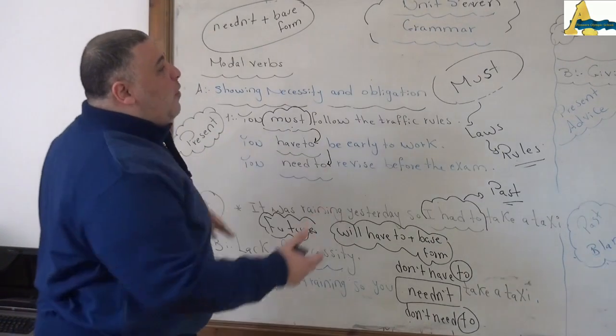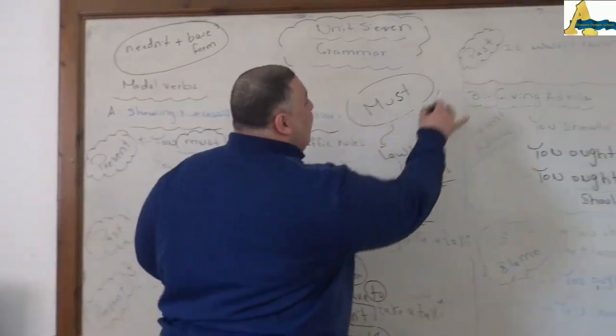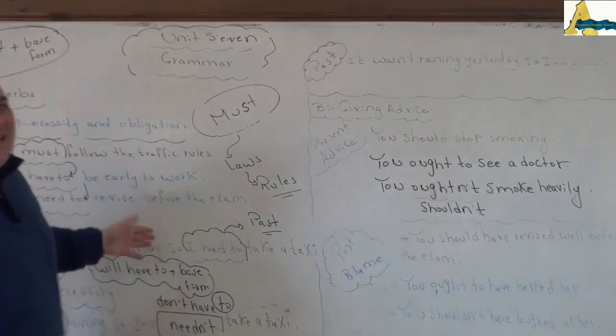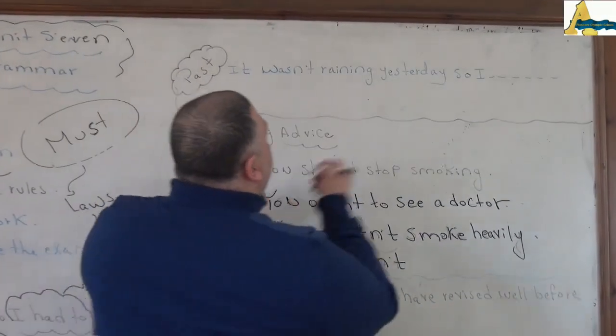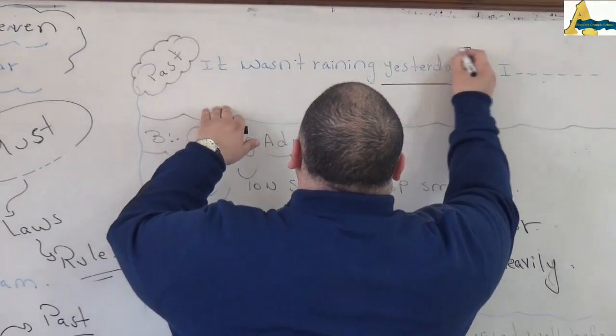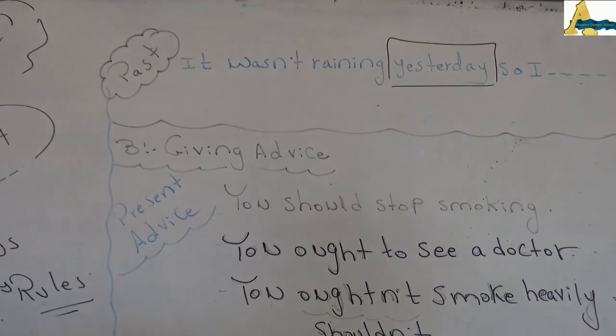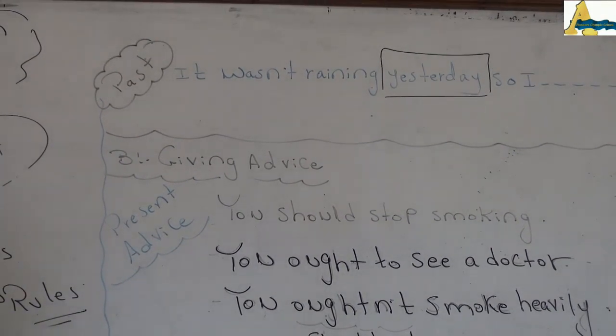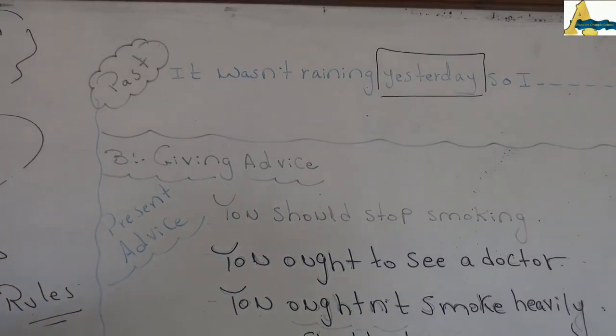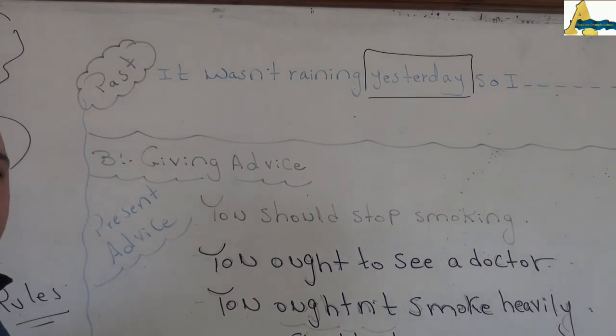When we change into the other parts here, we find that we're still in the lack of necessity. It's not necessary yet. But up till now, it was not raining. It was not raining when? Yesterday. So it was very clear here that it was not raining yesterday, so I didn't have to take a taxi. It was not important for me. It was not a rule for me to take a taxi.